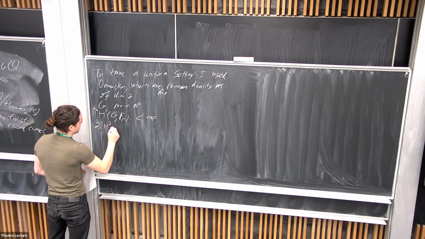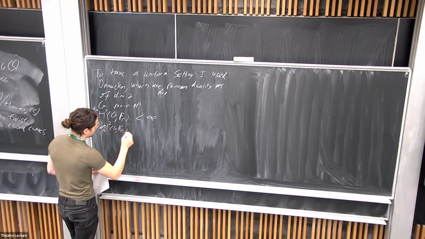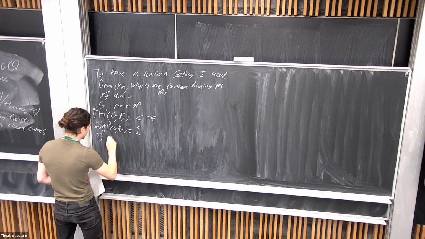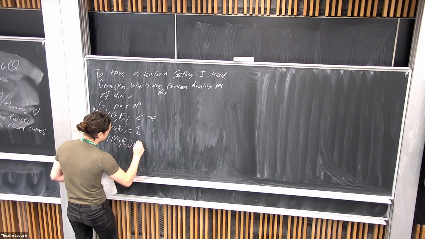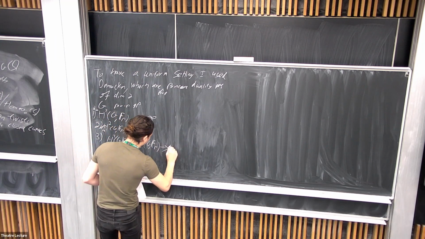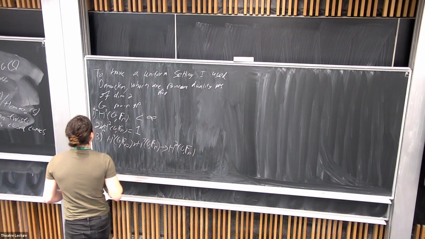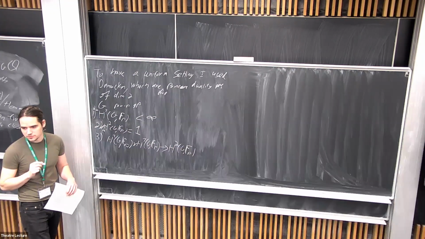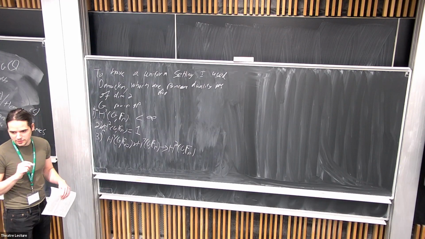I want H^2 to have dimension 1, this is group cohomology. And I want a non-degenerate bilinear pairing from H^1 to H^2, via the cup product. Yes, I want it to be a non-degenerate bilinear pairing.